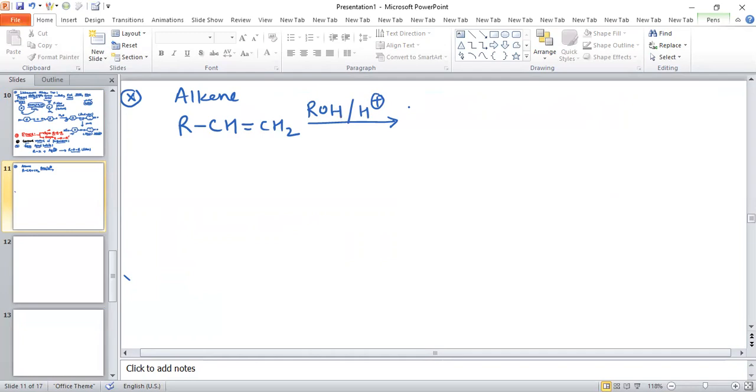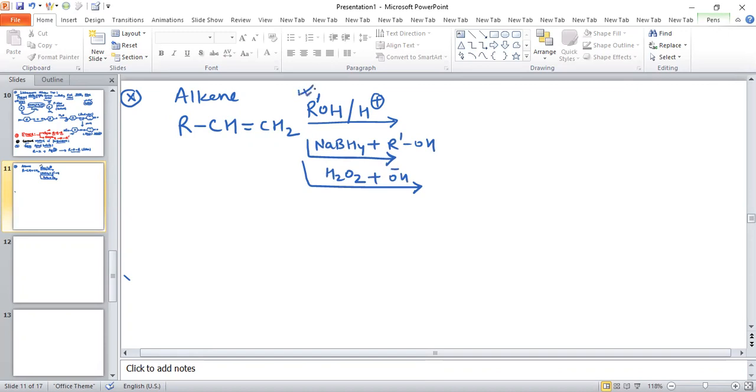If this is R dash, either this reagent you can add, or you can add NaBH4 plus R dash OH. Also you can add H2O2 plus OH minus.